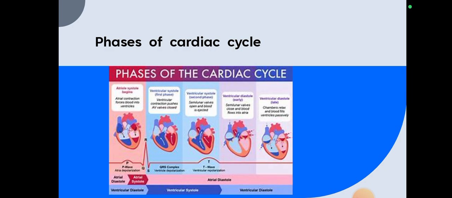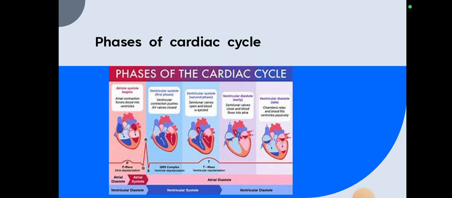Next is phases of the cardiac cycle. There are four phases I knew, but here it is written: atrial systole begins, then ventricular systole begins, then there is first phase, then second phase, then the early phase of diastole, then the later phase of diastole, then ventricular diastole.